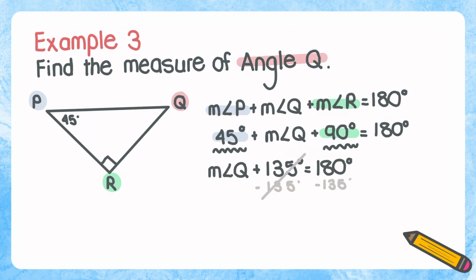This will cancel out, and we're left with the measure of angle Q, which is 180 minus 135, so 45 degrees. In this example, we saw a right angle. Whenever you see a right angle, remember that it measures 90 degrees.